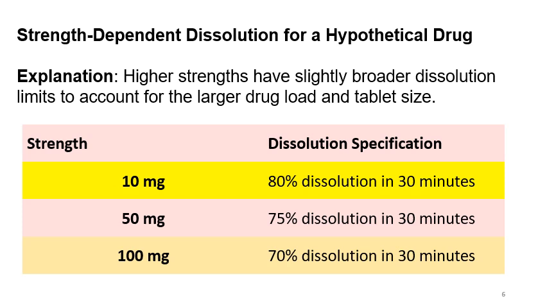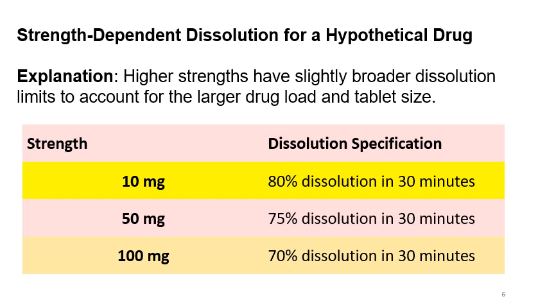For 50 mg you cannot achieve 85% dissolution, so 80% dissolution is considered and a 75% Q limit can be given in 30 minutes. And if you go beyond, 70% Q dissolution in 30 minutes can be given as a specification. So here you can see the drug release is getting slower, or the dissolution specification limits are less compared to the 10 mg.